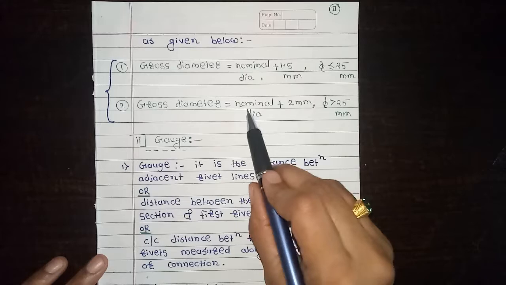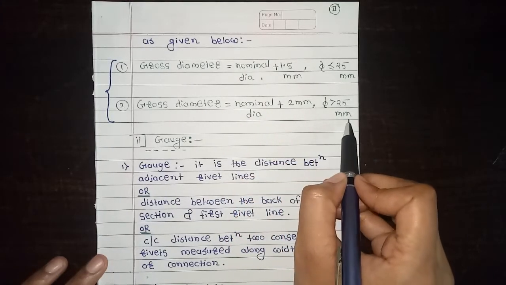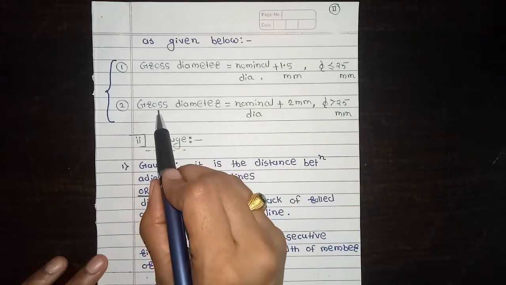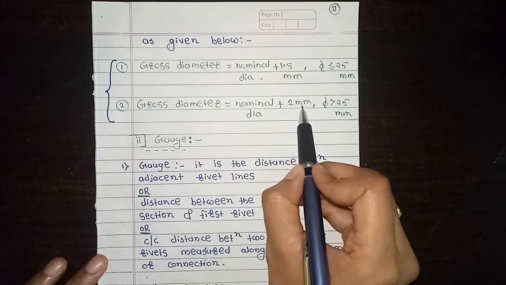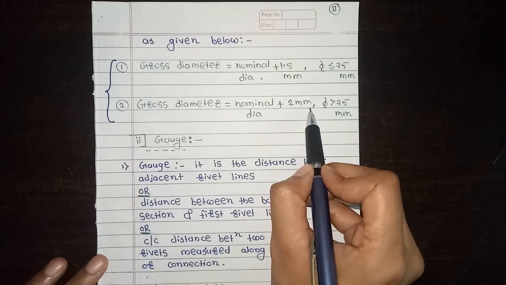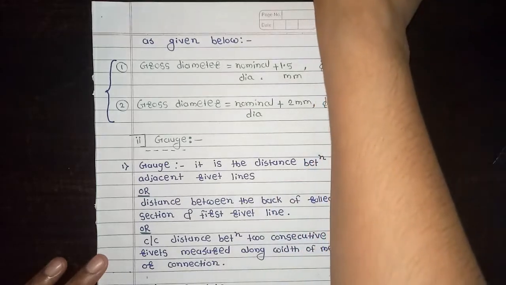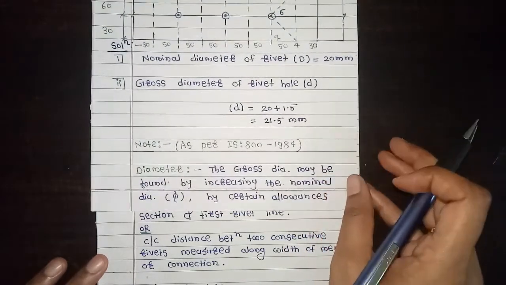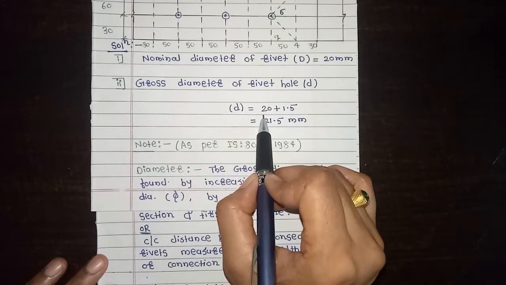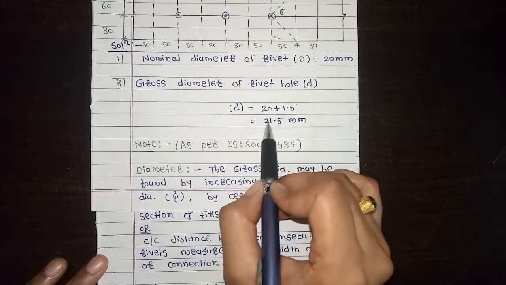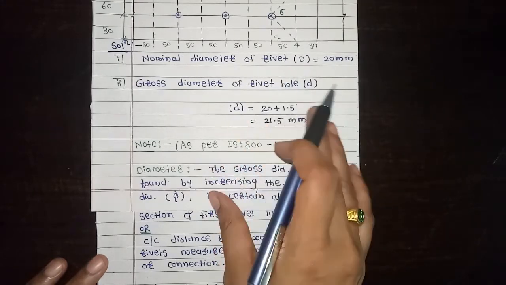If the nominal diameter is greater than 25 mm, then gross diameter is equal to nominal diameter plus 2 mm as per IS 800-1984. So see this here. In given question, gross diameter of rivet small d is equal to 20 plus 1.5 mm, that is 21.5 mm.